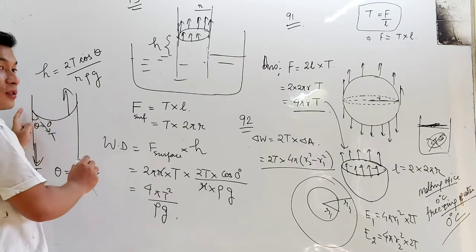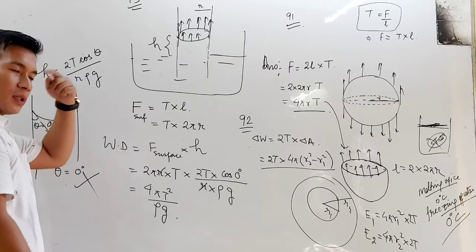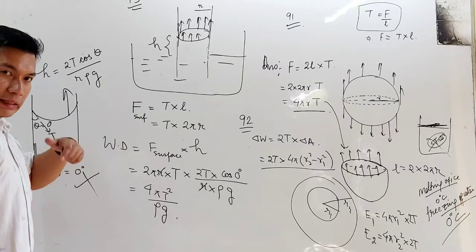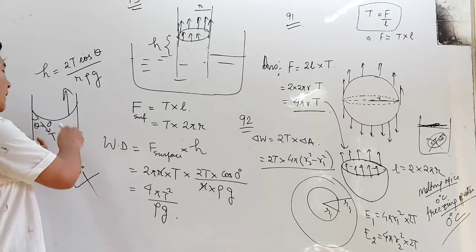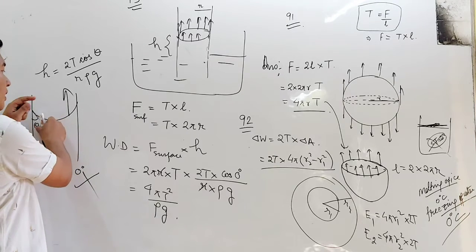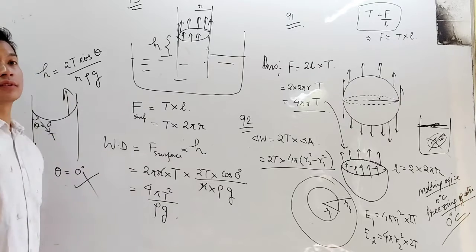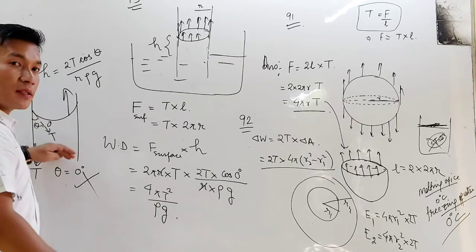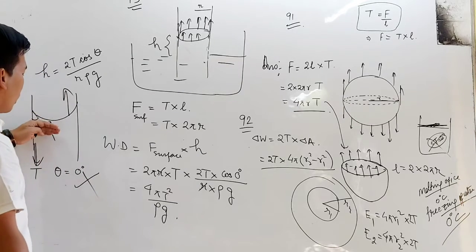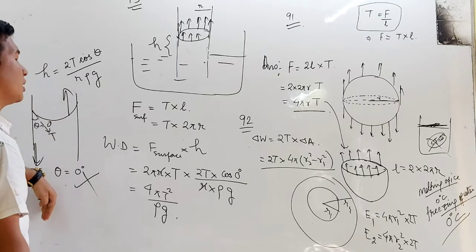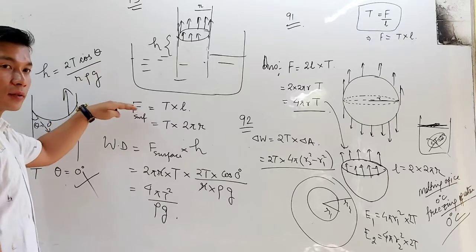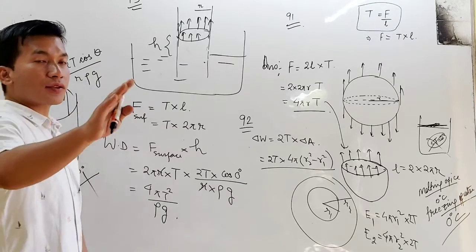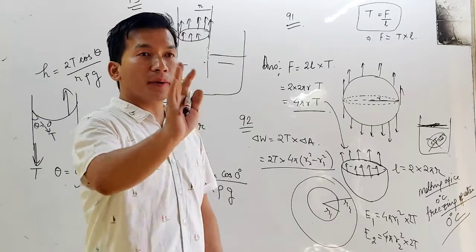Hypothetically, if we consider the action of this surface tension acting in the downward direction, then there will be no rise in the capillary, it will fall down. This is not favorable. Option number 3 is not favorable.